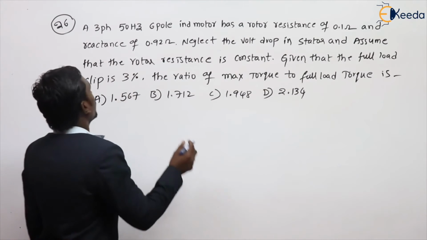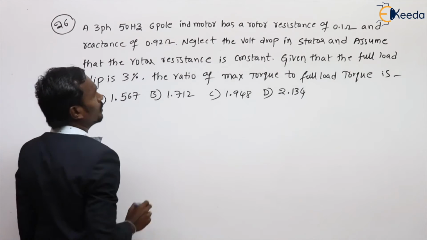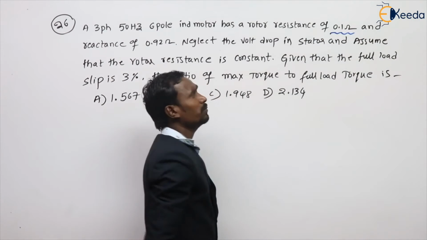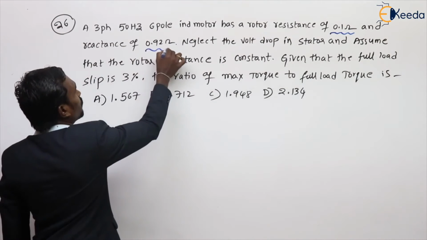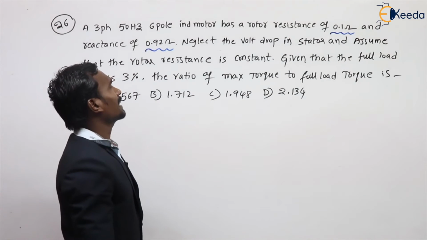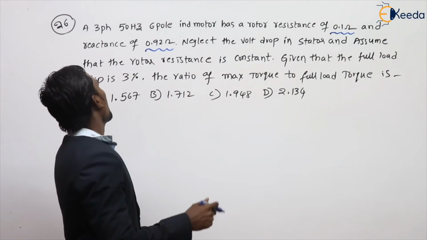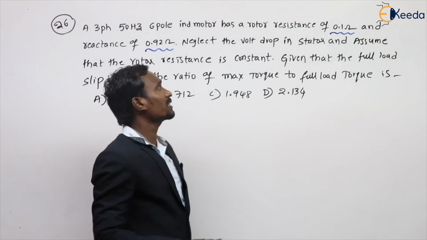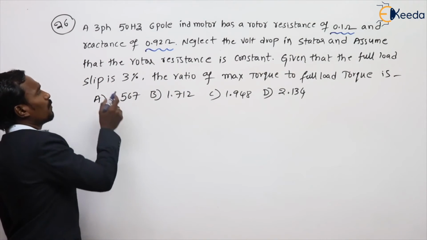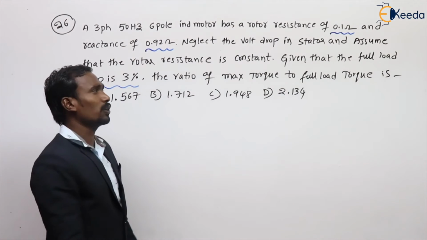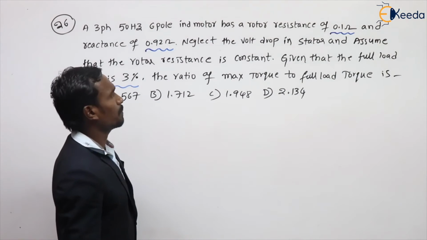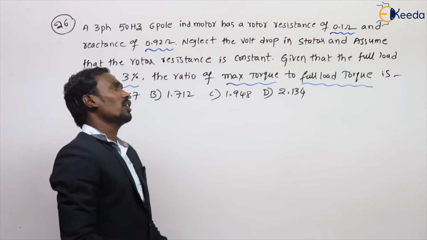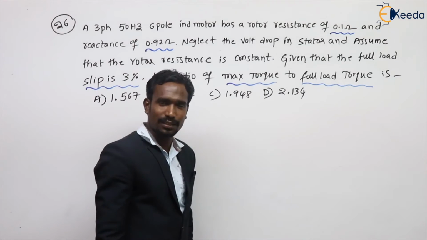Right? Let's see. A 3-phase 50 Hz 6-pole induction motor has rotor resistance of 0.1 ohm and reactance of 0.92 ohms. Neglecting the voltage drop in stator, assume the rotor resistance is constant. Given that the full load slip is 3%, the ratio of maximum torque to the full load torque is asked.